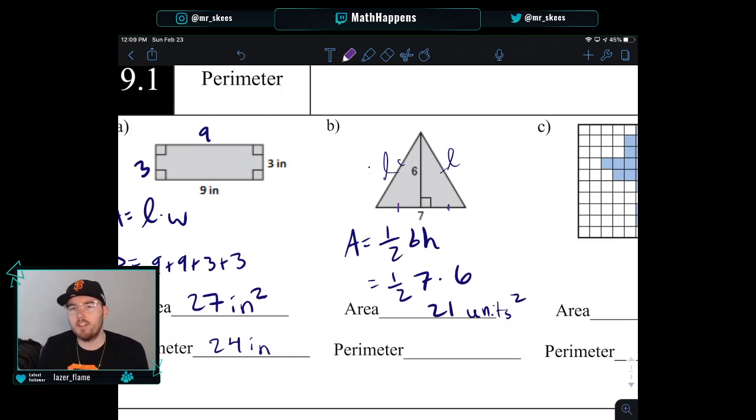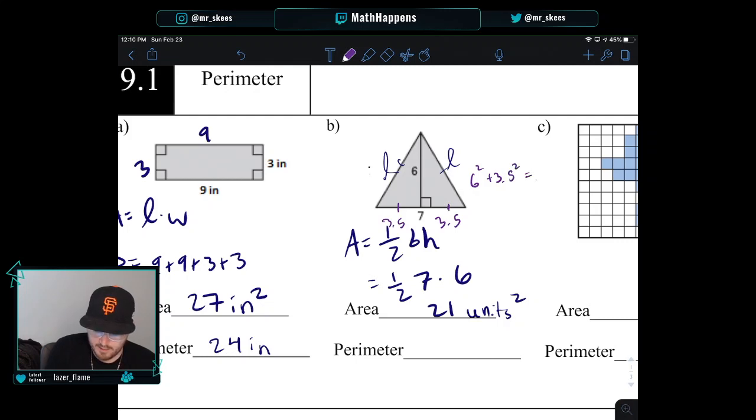If the whole thing is 7, then each is 3.5 long. So 6 squared plus 3.5 squared equals L squared. I'm going to need to break out a calculator on this one, so I'll break out my phone.